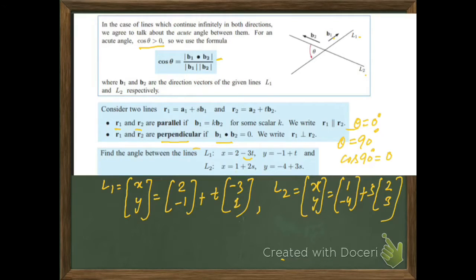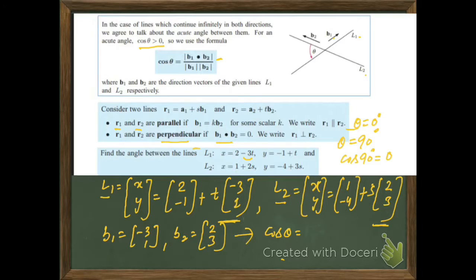Now you need to understand, when we talk about the angle between two lines, we are talking about the angle between two parallel vectors. So my first vector b1 is (-3, 1), and my b2 vector is (2, 3). Using cos theta as we did in the last case, the dot product is -3 times 2 plus 3 times 1.